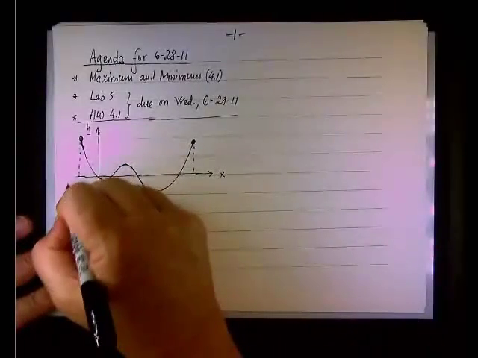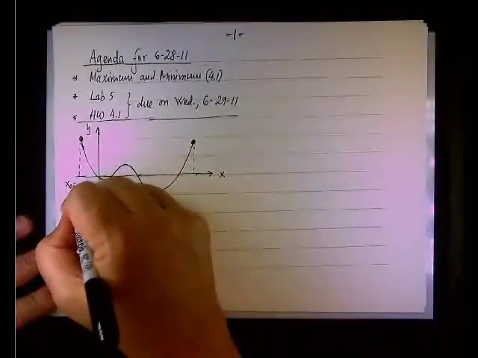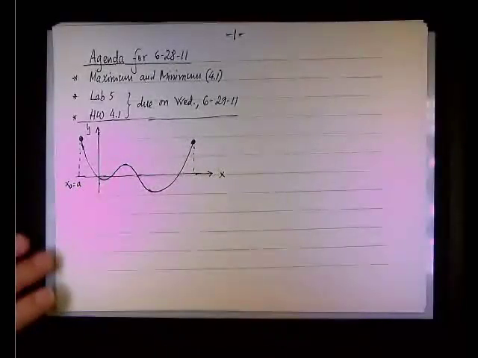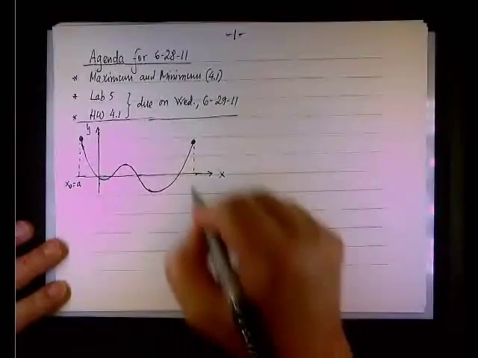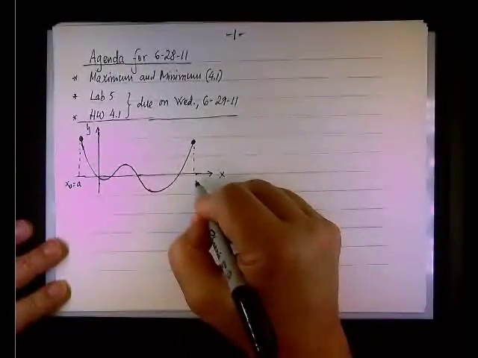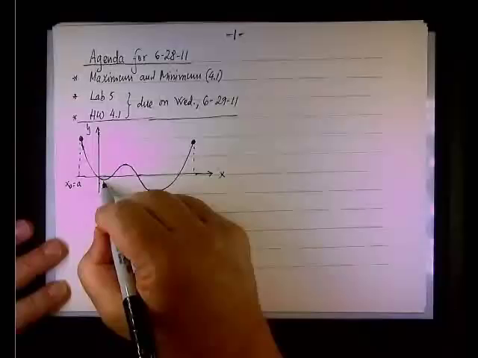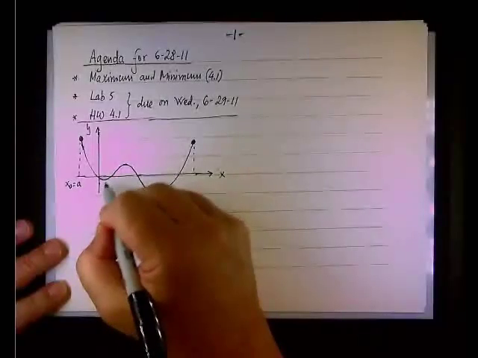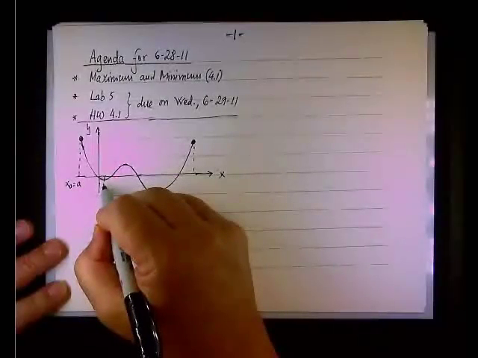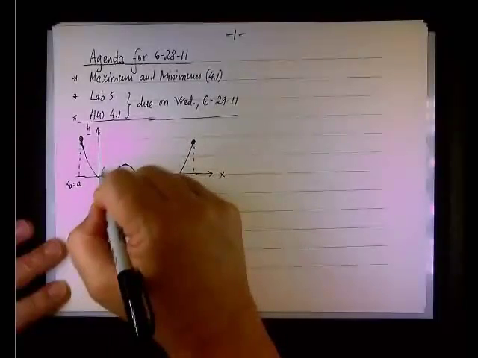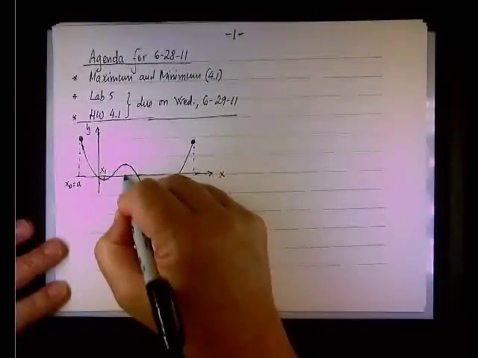Let's call the first point on the left x sub 0, and we'll give it a value of a. And then this point right here will be b. In the middle, we have other points of interest. Right here, we have x sub 1.